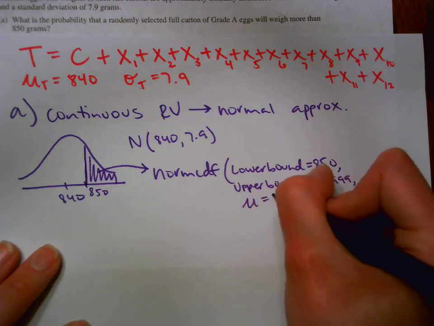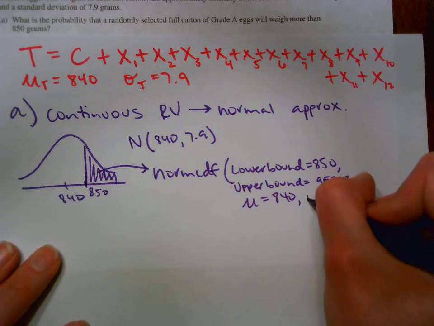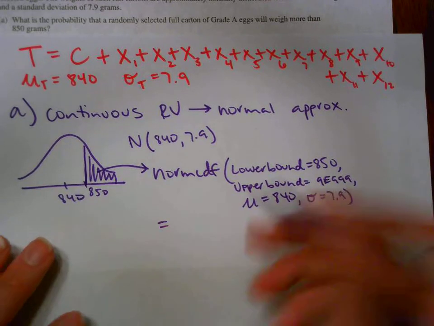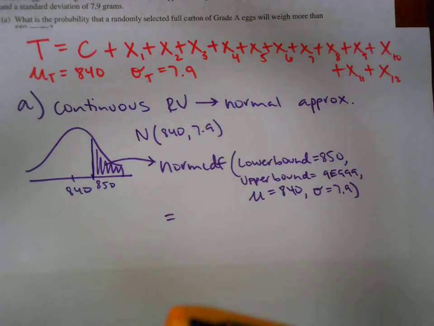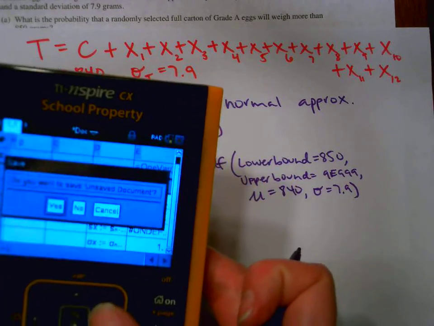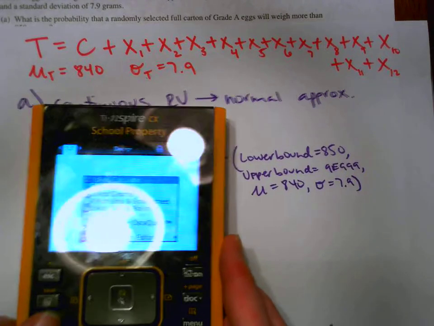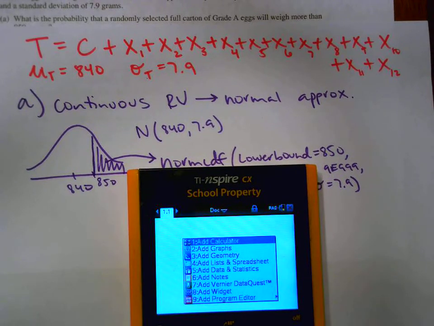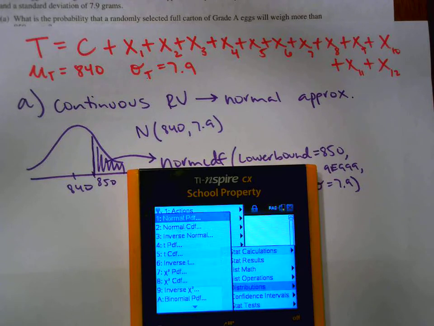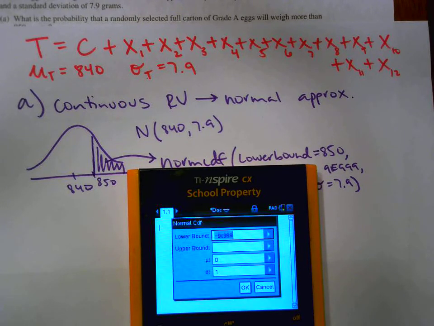The mean is 840, and the standard deviation is 7.9. If you go to your calculator and you type that in, just in case we need a review: add calculator, menu, statistics, distributions, CDF is 2, and you type in that info.